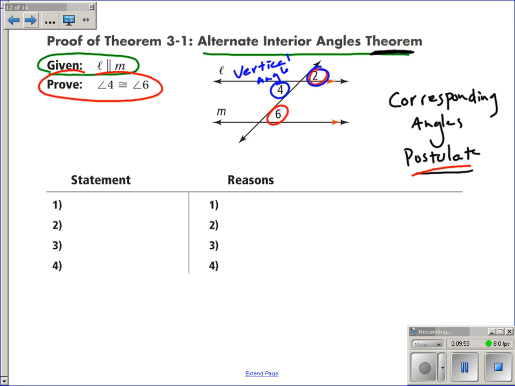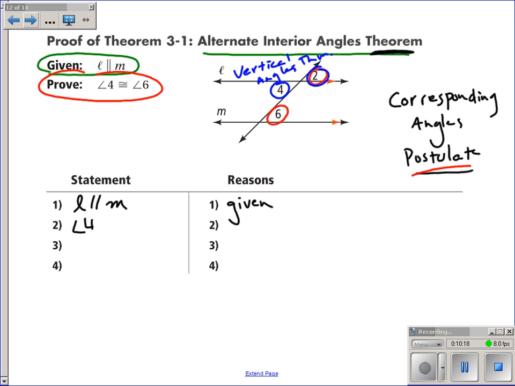Okay, so here is the proof. I will always begin a proof with my given. So the first statement is L is parallel to M, and the reason is it's given. Okay, the next statement I'll make is about 4 and 2.